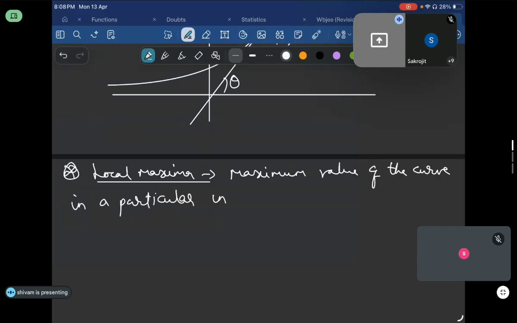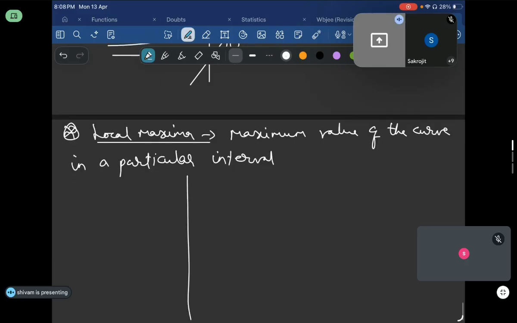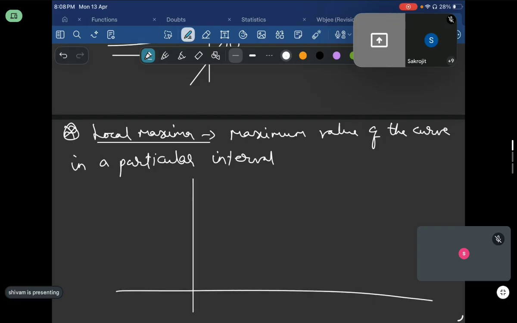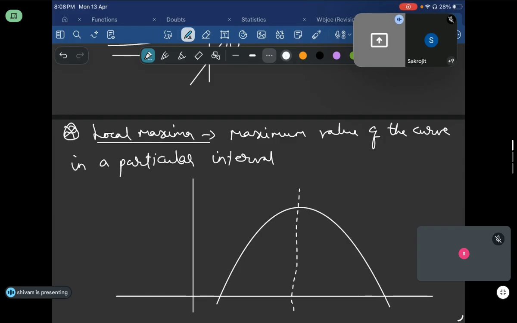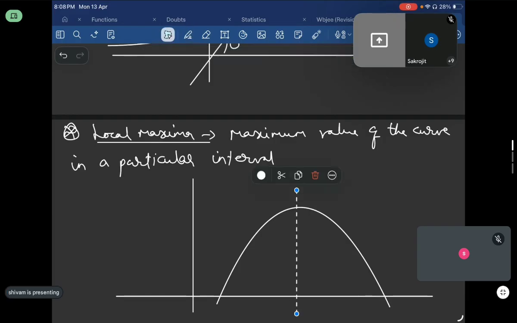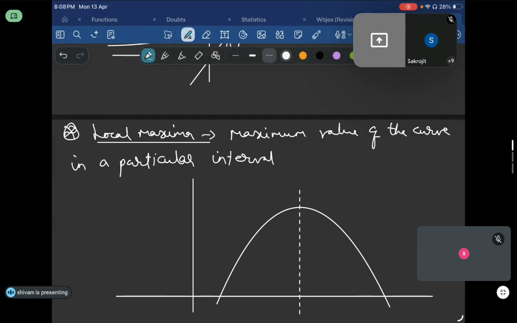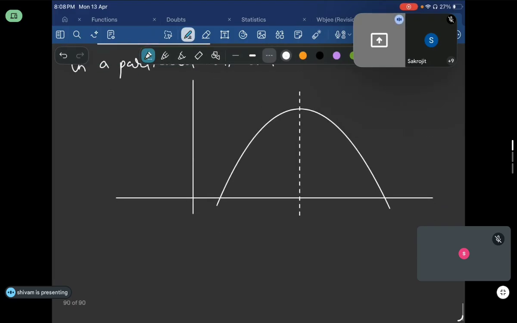So if this is the curve, are you able to understand what will be the local maxima? Let us say that at x equal to a, you are getting the local maxima. This is the point a comma 0.